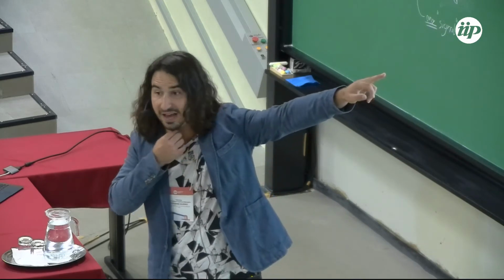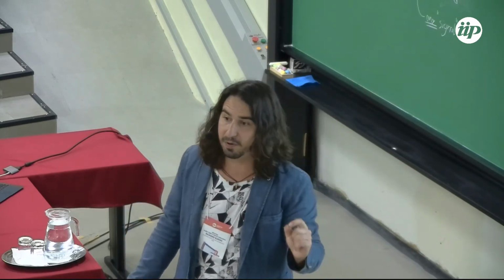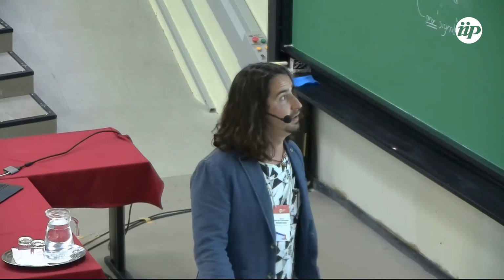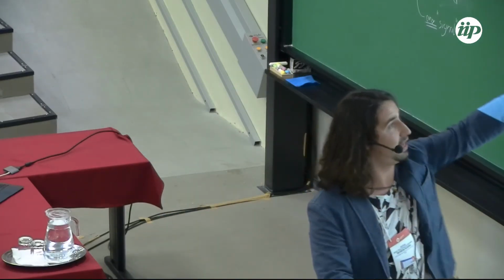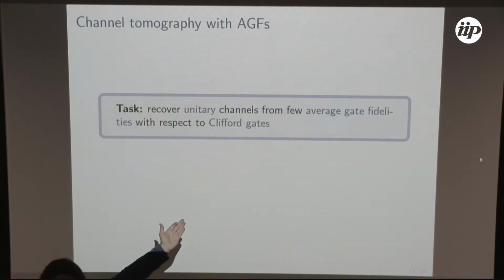But using average gate fidelities instead, via randomized benchmarking, allows you to bypass this fundamental drawback. And finally, Clifford gates, of course, because we want to use randomized benchmarking, and the Clifford group features naturally there. So it's plausible that experimentalists will be able, or they actually are able, to compute average gate fidelities with respect to Clifford gates.